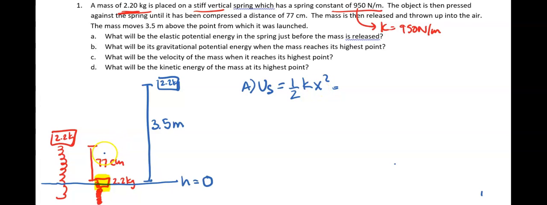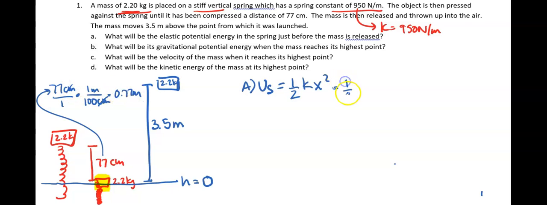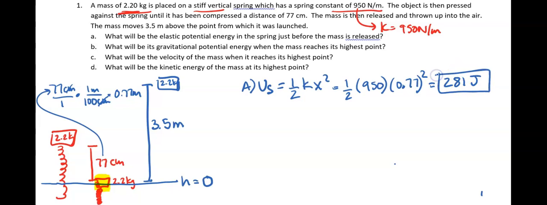It is in centimeters right now, so we need to convert it to meters. 77 centimeters over 1, and there are 100 centimeters in 1 meter, so centimeters cancel, giving 0.77 meters. So that's 1/2 times 950 times 0.77 squared. I plug it into my calculator and I get 281 joules.